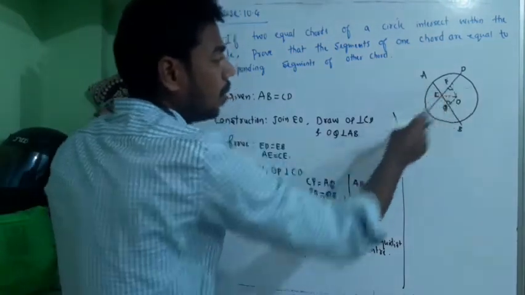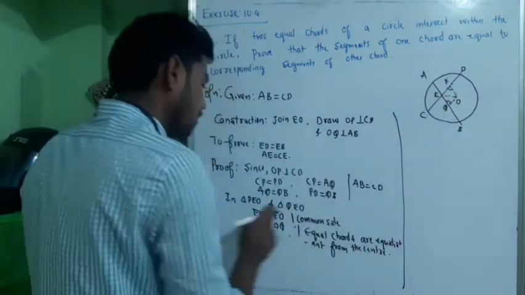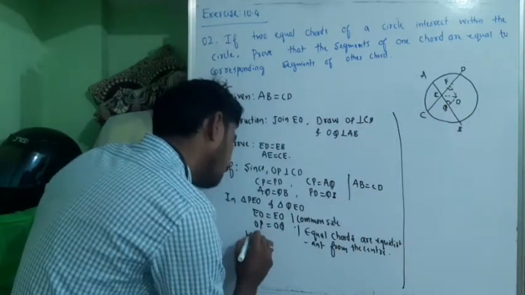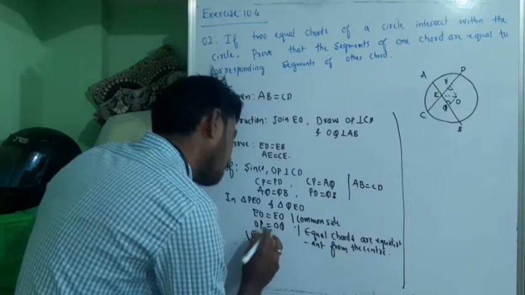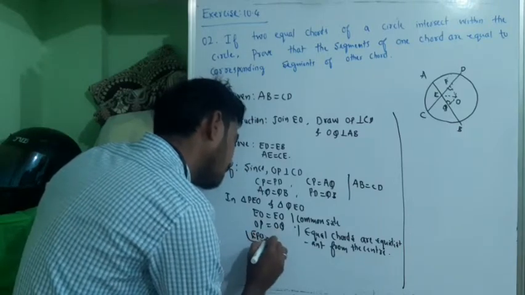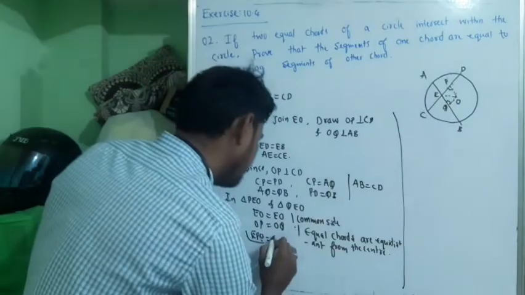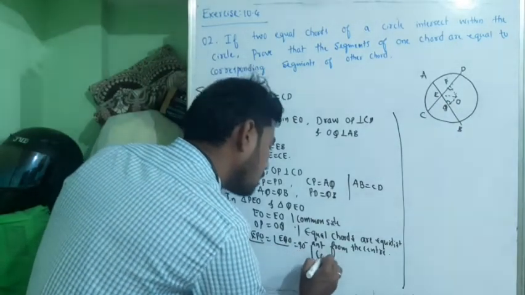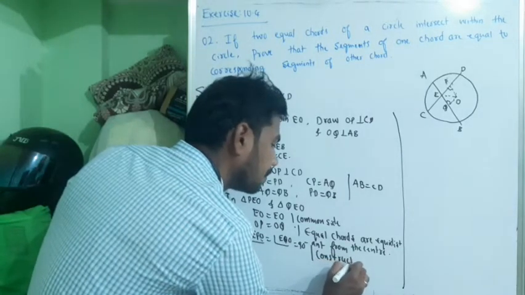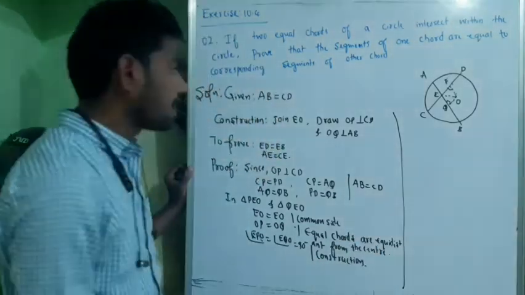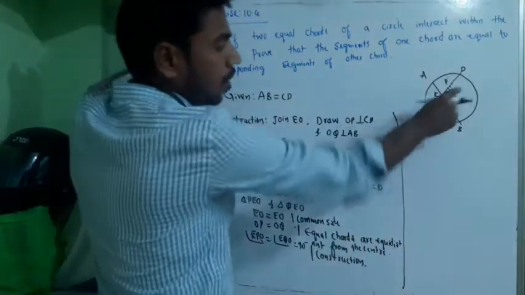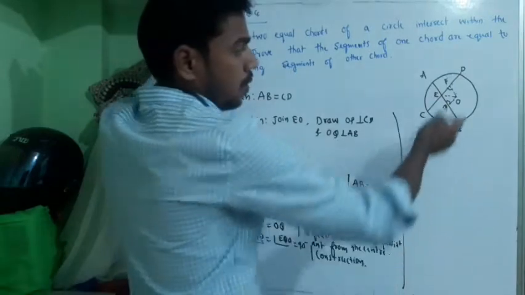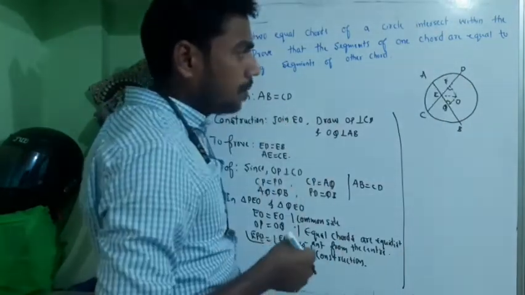Now, angle EPO is equal to angle EQO is equal to 90 degrees. This is through construction. See, this is 90 degrees. What is the side opposite 90 degrees? EO.